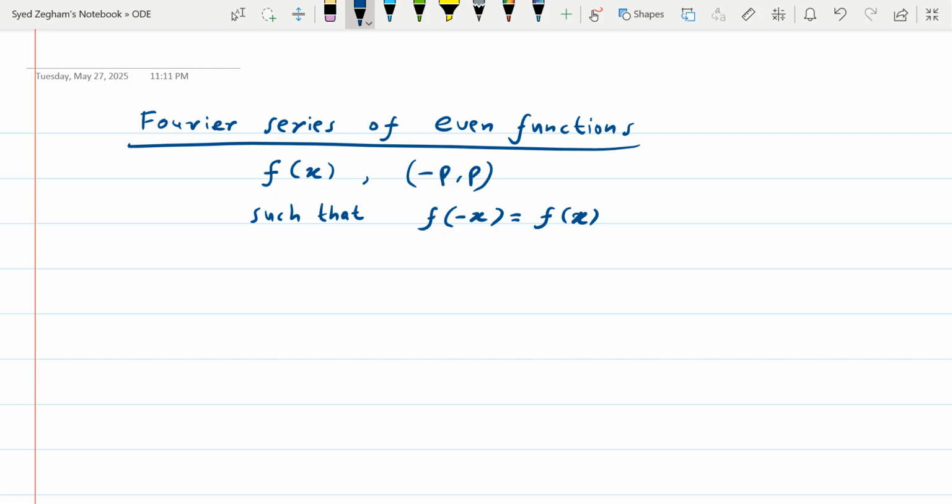Or precisely, a function defined on the interval minus p to plus p will be called an even function if f(x) and f(minus x) both are the same.